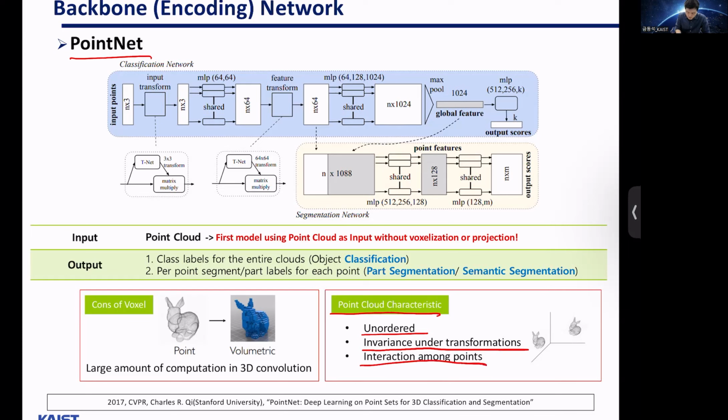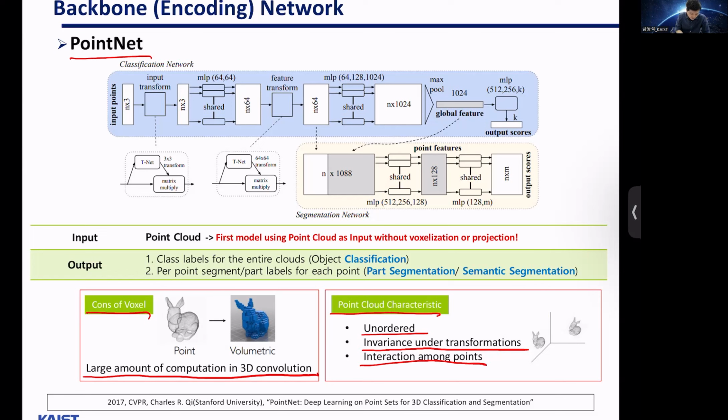And interaction among points is also invariant, but one of the downsides of voxel is the large amount of computation in 3D convolution if you want to use a voxel-based encoder. So this was sort of the motivation for PointNet.